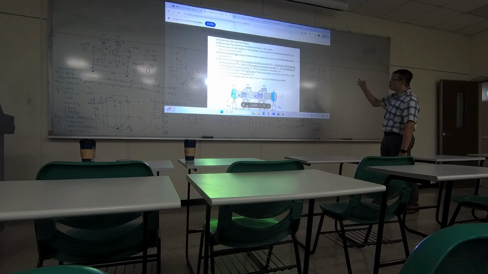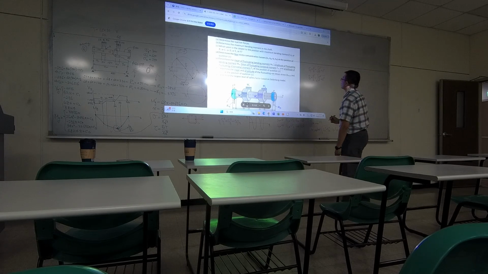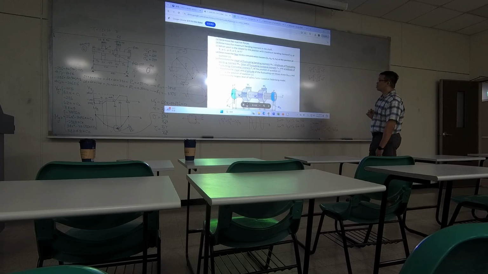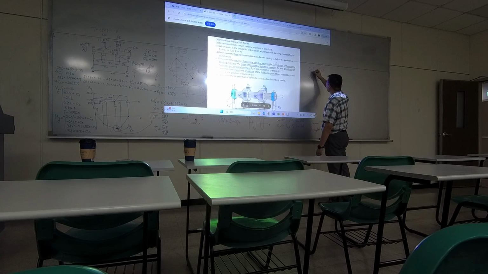And now we are applying the stress concentration factor. For the mean values, they're 0, so you don't need to do anything for the mean ones. Only care about the amplitude.